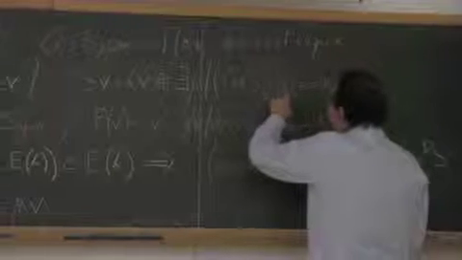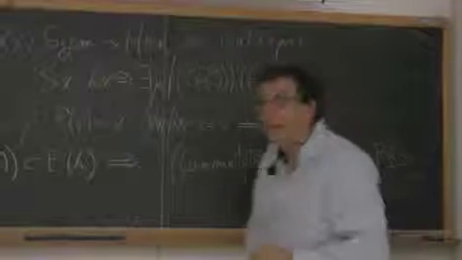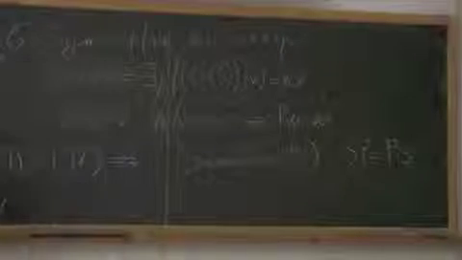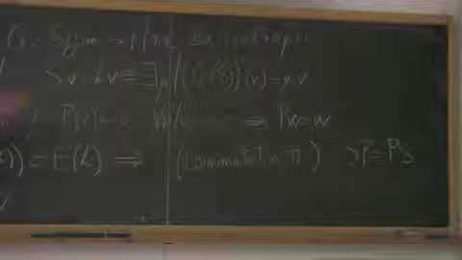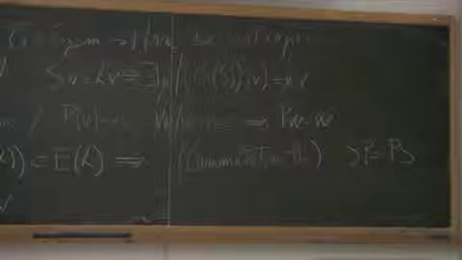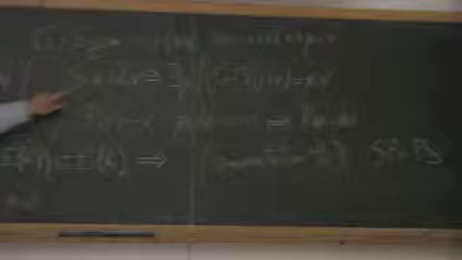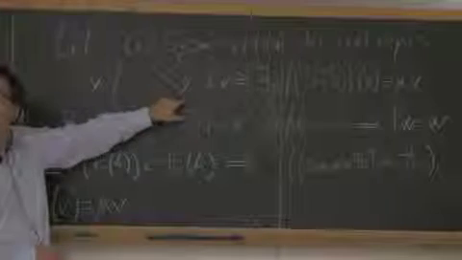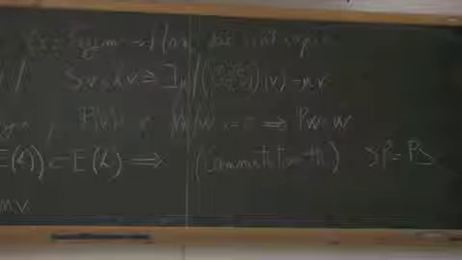Then G(S) of V is equal to a given mu times V. So there exists a real number mu such that G(S) of V is equal to mu V. So in words, an eigenvector of S is an eigenvector of G(S). Of course, the eigenvalue changes in general.